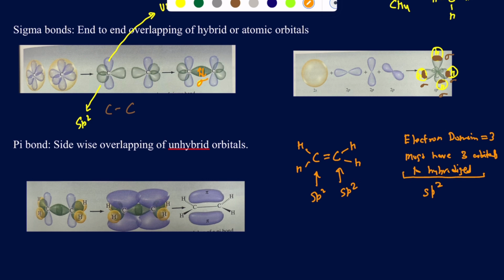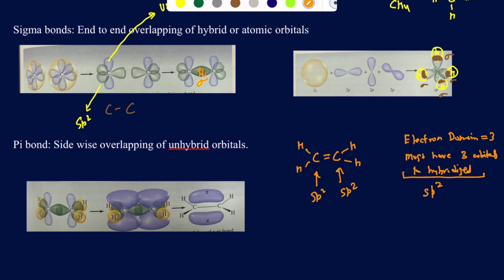We explained that here: these three balloon-shaped hybrid orbitals tell you it's an sp2 hybrid, and the p orbital that stays unhybridized on the carbon is just the p orbital. Each carbon has two hydrogen atoms, and those hydrogen atoms do end-to-end overlapping with these hybrid orbitals.